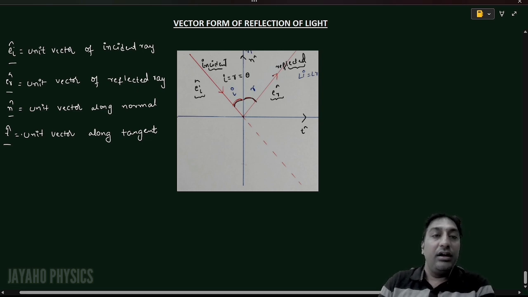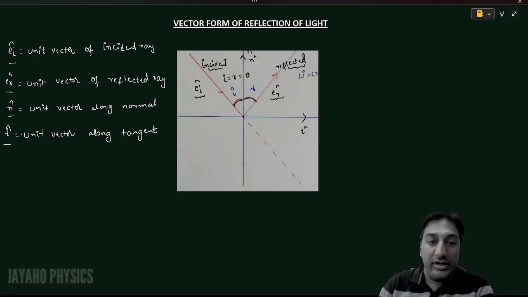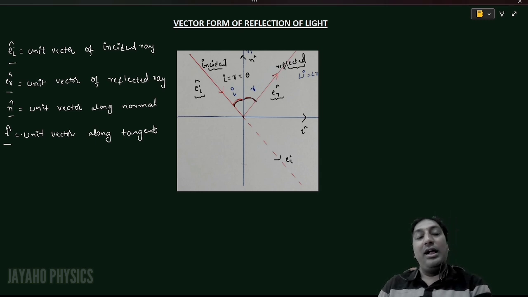Now if you look at this diagram very carefully, this incident ray e suffix of I is lying in the fourth quadrant. If this angle is theta, then this angle is also theta.